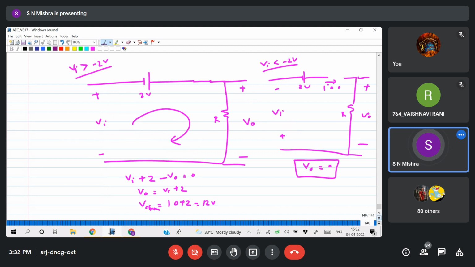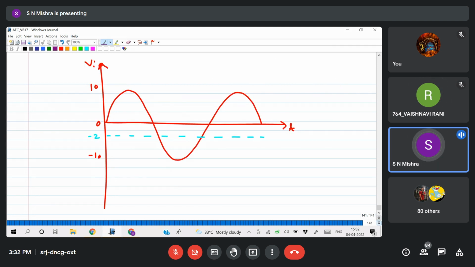When VI is less than -2, what is our output? 0. So less than -2 means these portions. Yes or no?